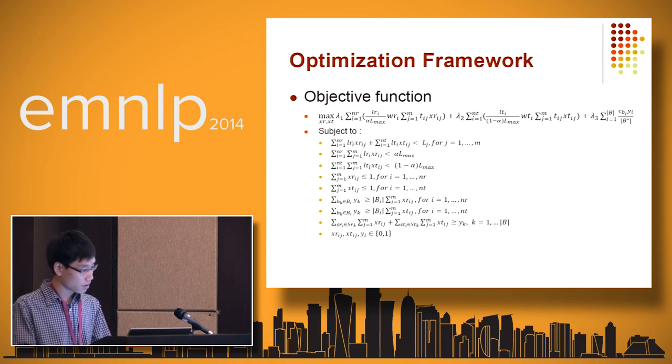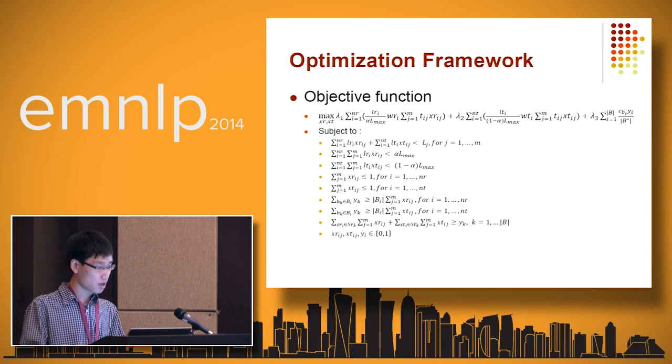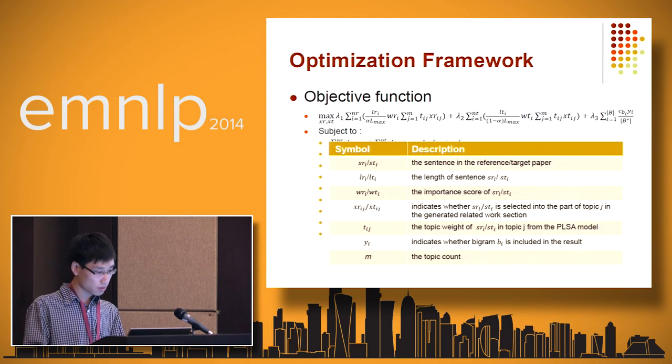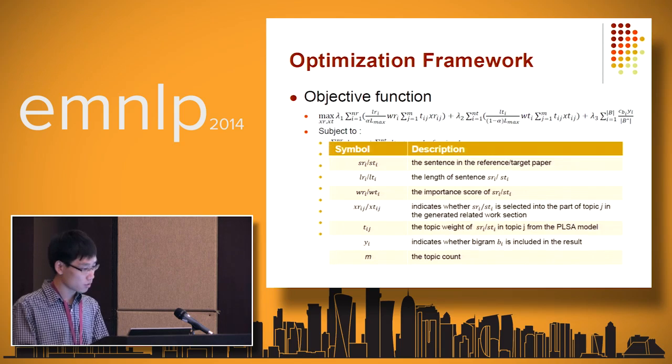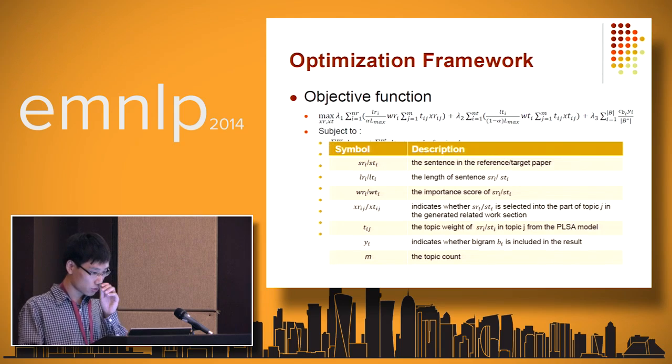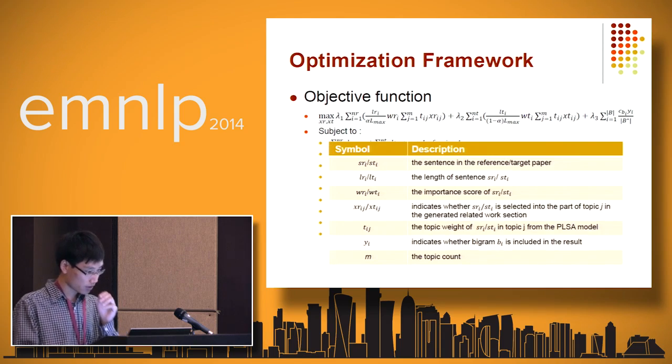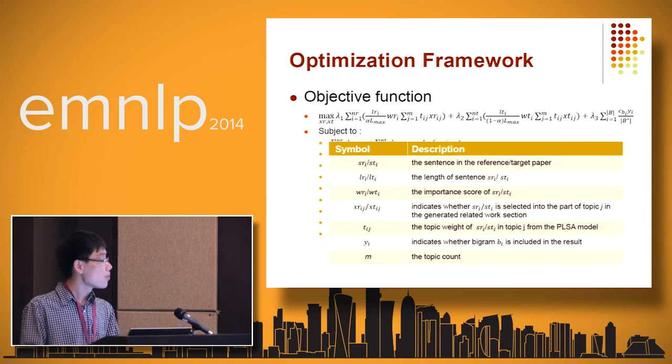So here is the objective function of our optimization framework. This is the main notion. I will not introduce the objective function in detail here. I will give you some intuition of this objective function.